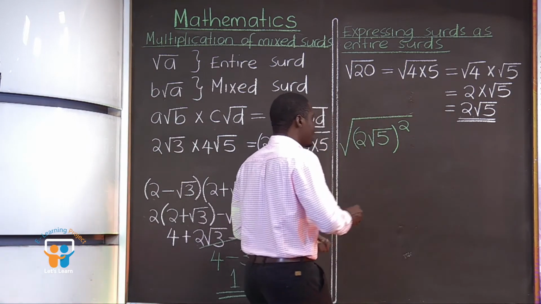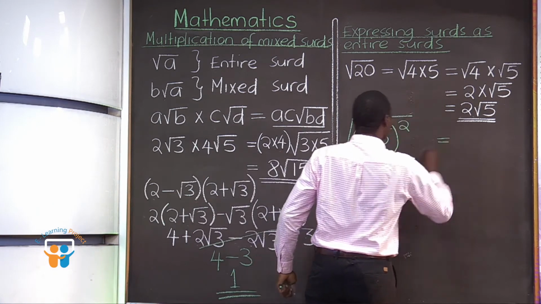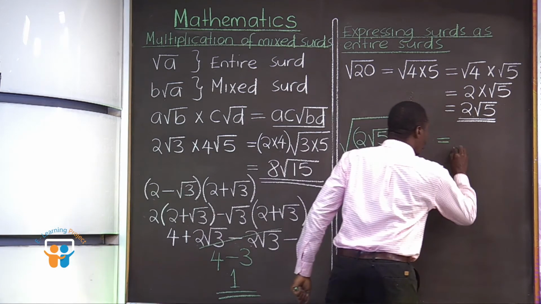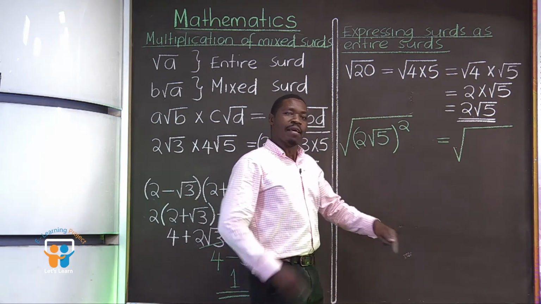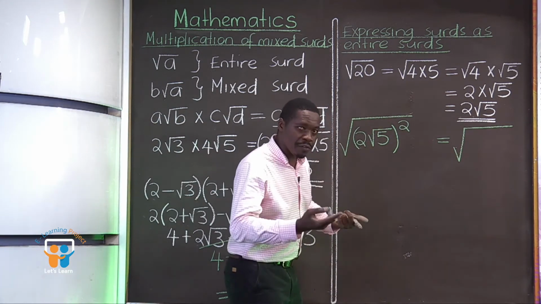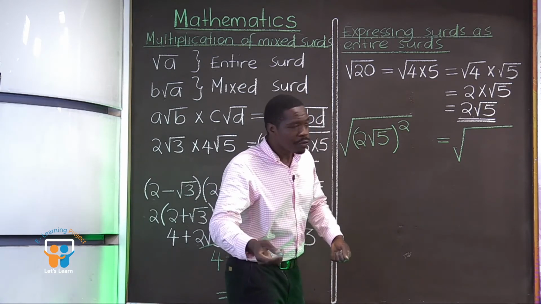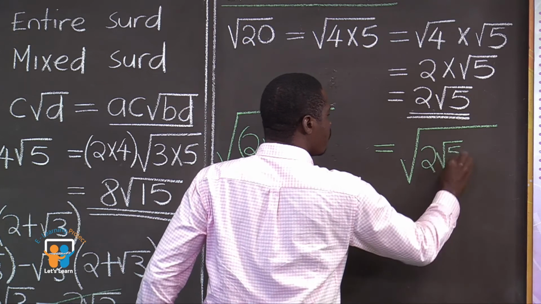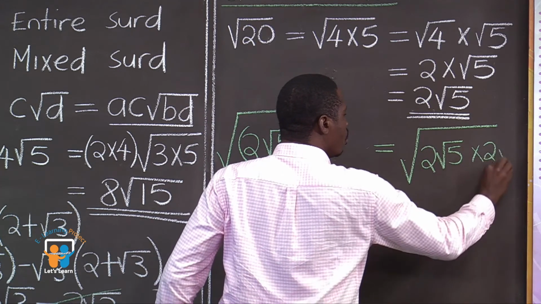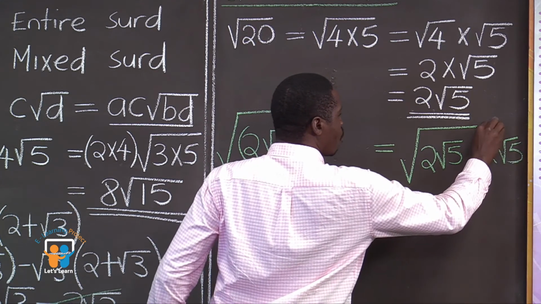Now, Mr. Examiner, sir, this will equal the root of, remember, 2 root 5 squared means 2 root 5 times 2 root 5. That is wonderful.